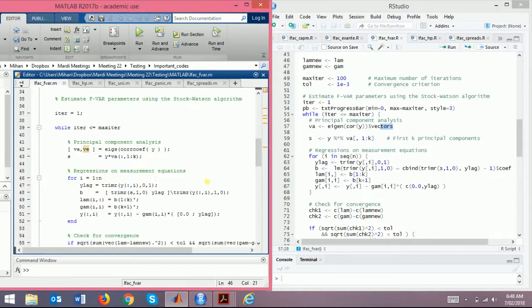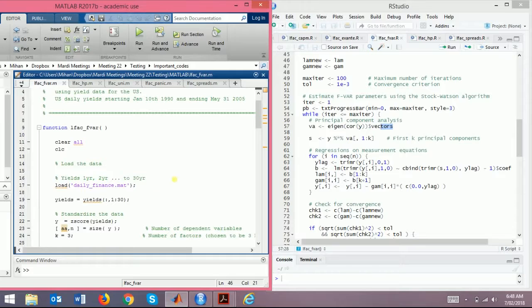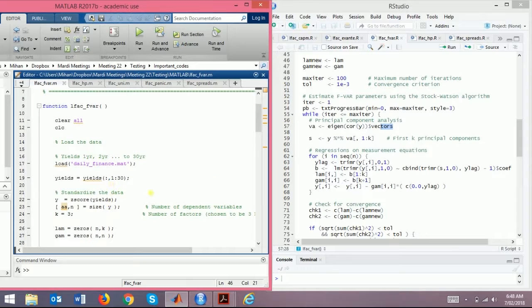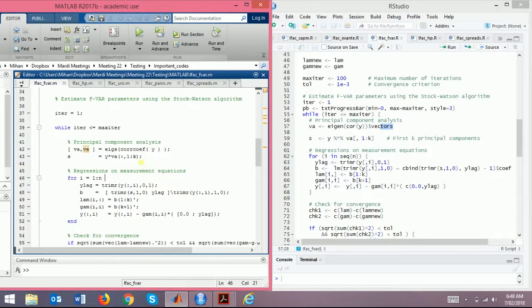Okay. All right. So correlation coefficient. So Y has how many elements? Y has all rows, 1 to 30 columns. Y has many variables. We do correlation. We take the correlation coefficient of all the variables here. Okay.